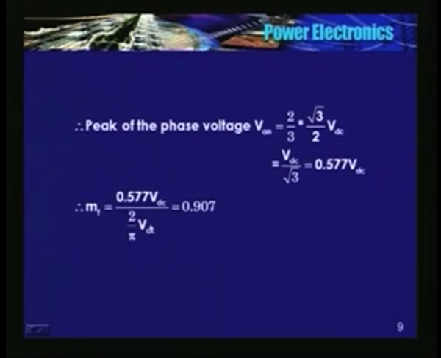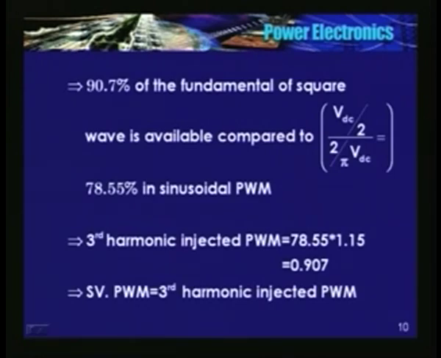So, if I take the peak of the fundamental obtained using a square wave as 1 per unit, I am getting 90.7% in space vector. How much are we getting in the sinusoidal PWM technique? What is the peak of the fundamental using the sinusoidal PWM technique?